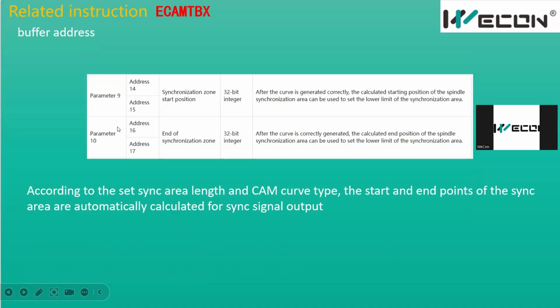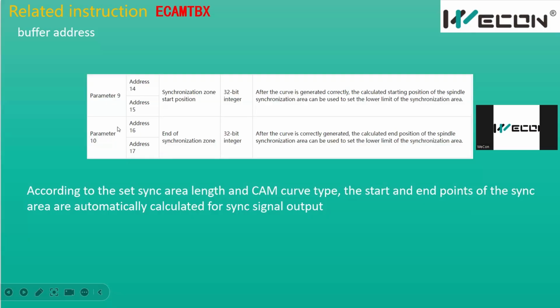So we don't need to set them. They will be obtained automatically. What we need to do is move these two parameters, sync area start position and sync area stop position, to our ecam instruction buffer address.